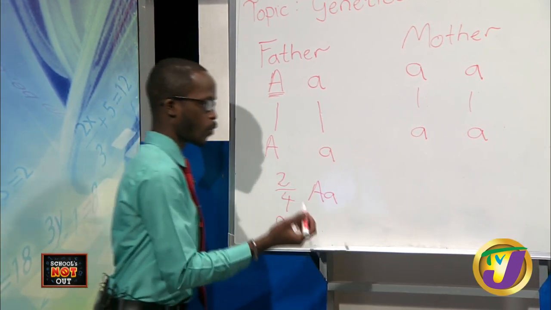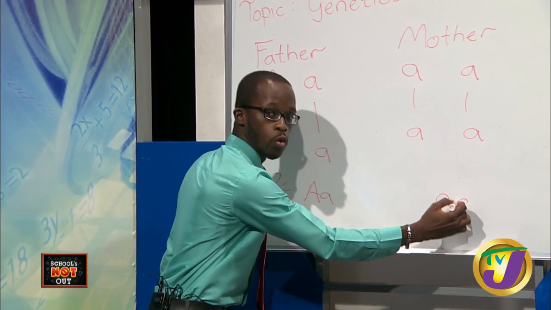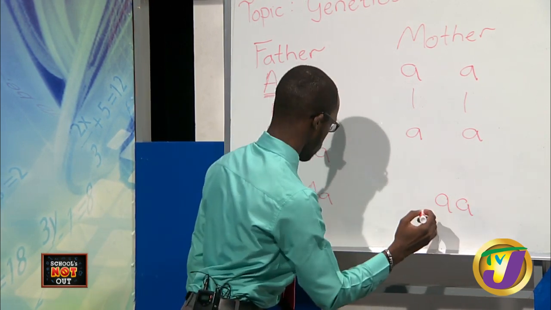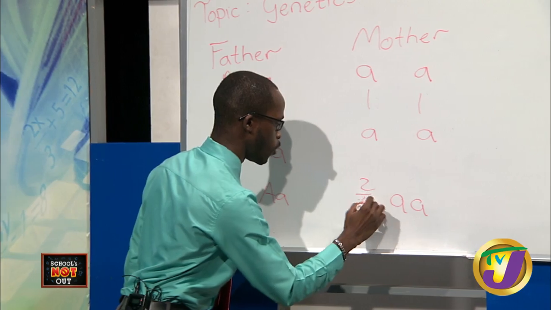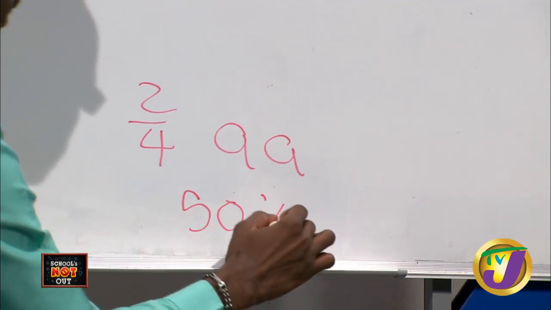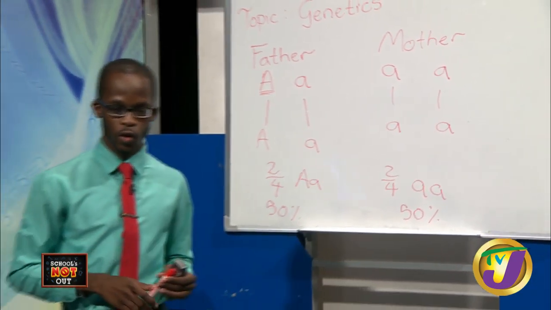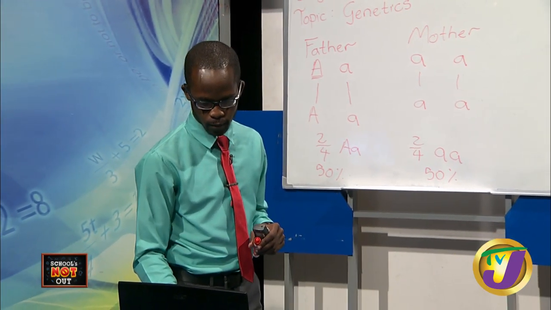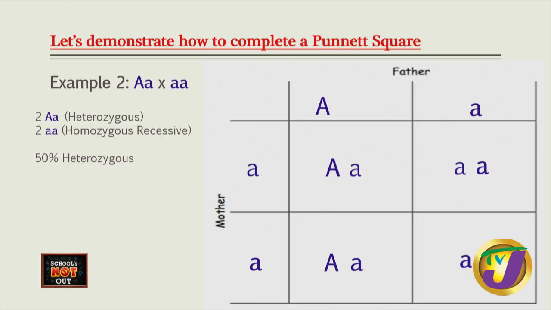In this case, we have 2 lowercase a's, so again 2 over 4, and this also represents 50%. So, in this case, the probability is that we get 50% heterozygous and 50% homozygous recessive.